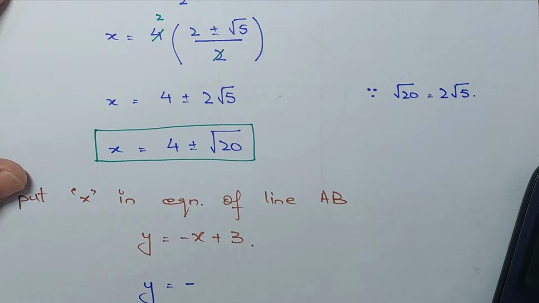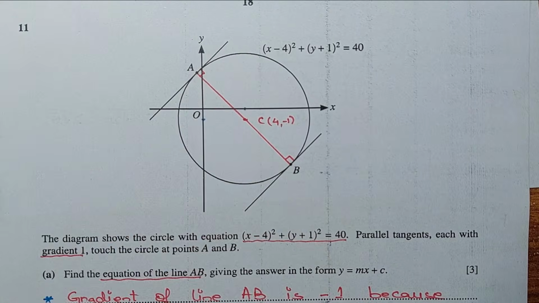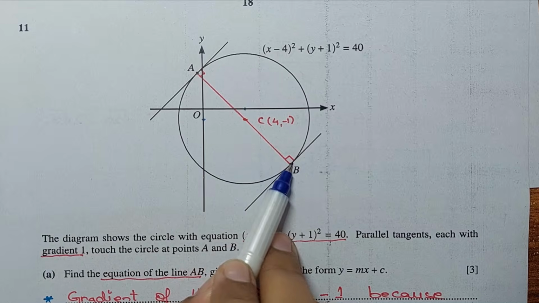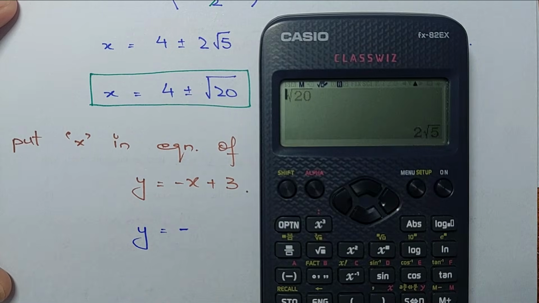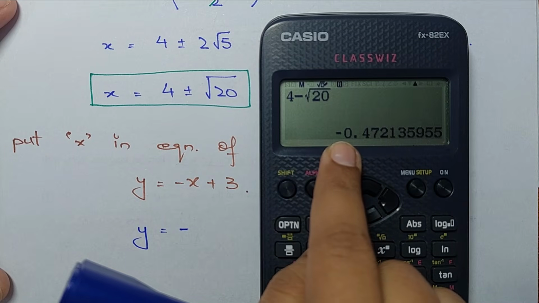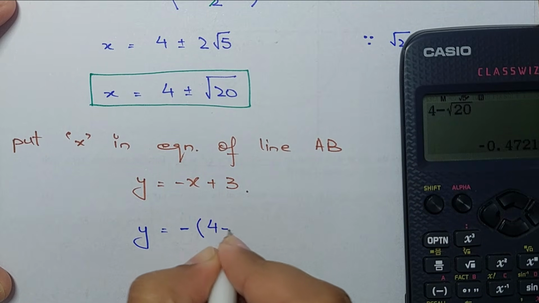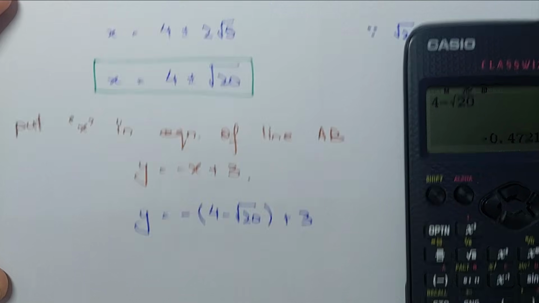Now we need to figure out the x coordinate for A, not for B, sorry. Keep in mind that the x coordinate for A should be negative and the x coordinate of B is positive, right? So 4 plus root 20 gives you the positive answer, and 4 minus root 20 gives you a negative answer. So 4 minus root 20 is the x coordinate.